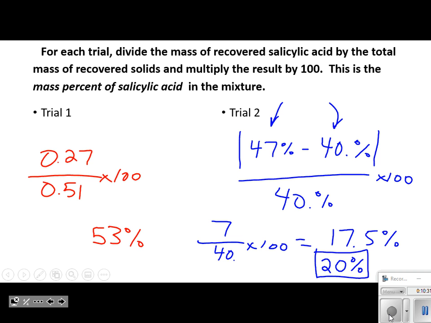So that's probably not really very accurate, but let's talk about why it's not. Okay? This is what we call a heterogeneous mixture. If I go in there and scoop some of it out, does it necessarily mean I'm scooping 40% of the charcoal out? Could I have a little spot that might have a big concentration of charcoal and a smaller concentration of the salicylic acid? Yeah, that could happen, right?